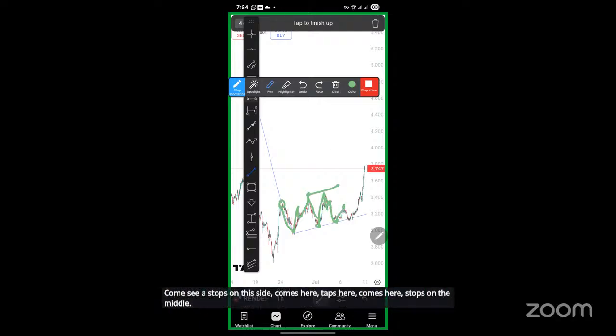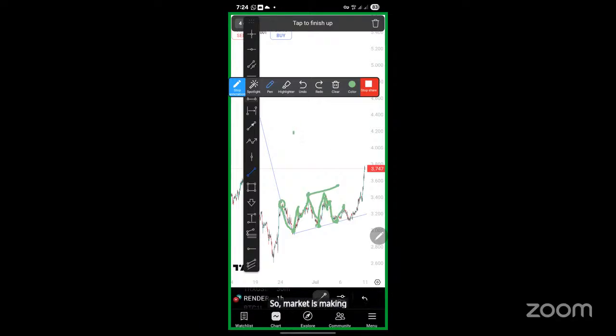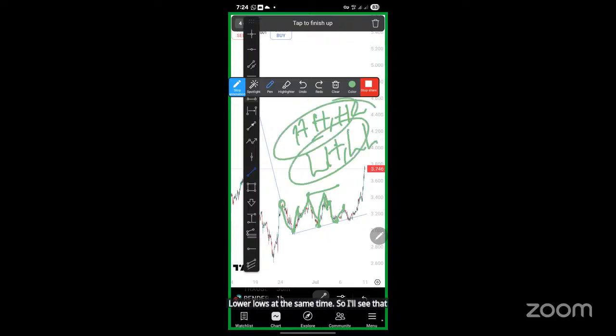So the market is making a combination of higher highs, higher lows, lower highs, lower lows at the same time. So once you see that, this market is a ranging market. Another word to mean ranging is consolidation.